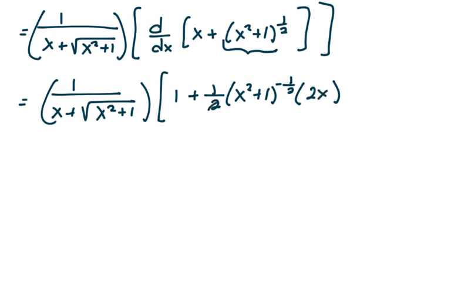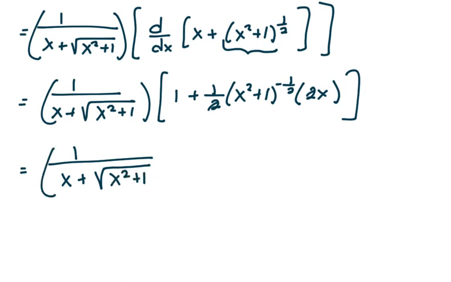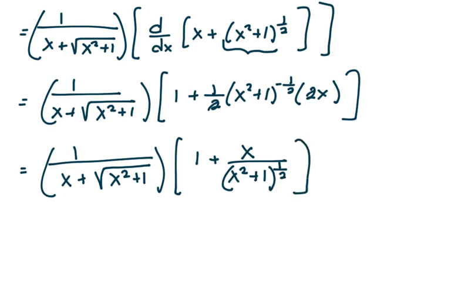But the 2's cancel, and we get 1 over x plus the square root of x squared plus 1, and we're going to multiply by 1 plus x over x squared plus 1 to the 1/2, like this.